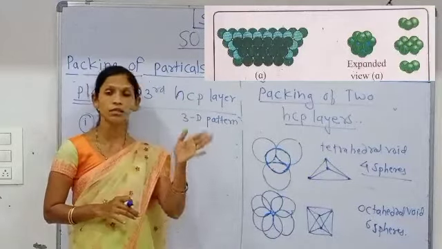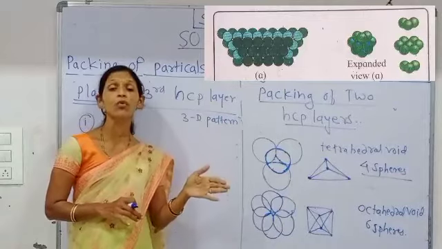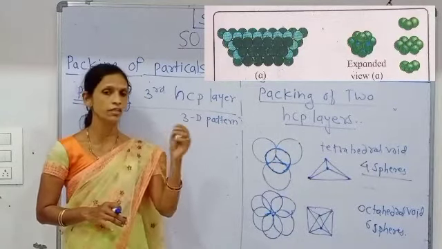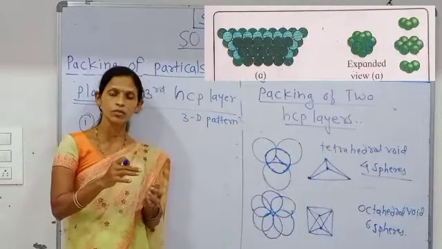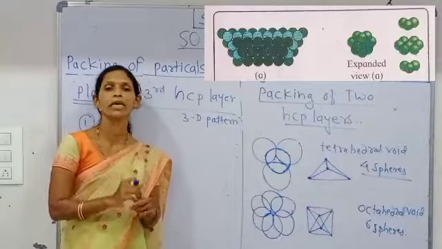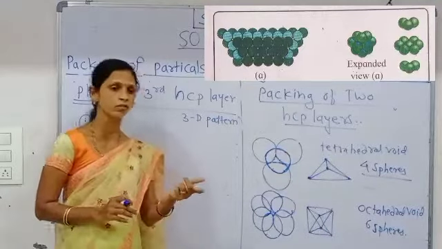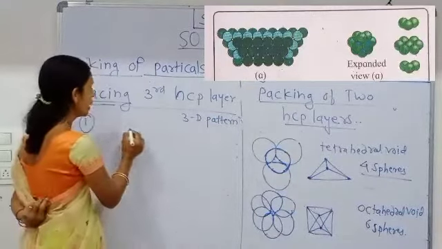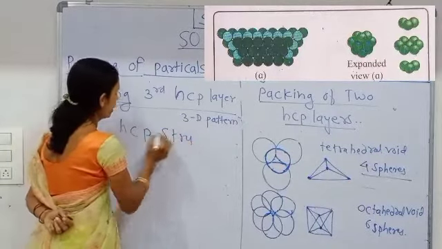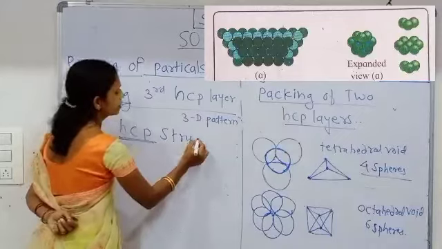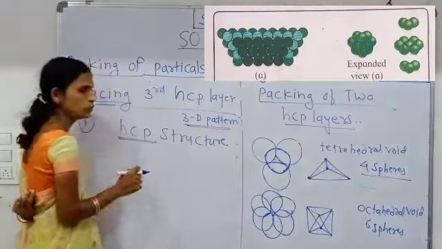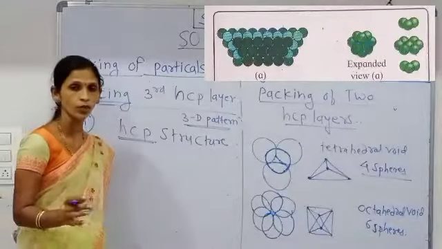And here the spheres in the fourth HCP layer are arranged such that they align to the spheres in the second layer, which results in the formation of the hexagonal close packed structure in 3D arrangement of the spheres.